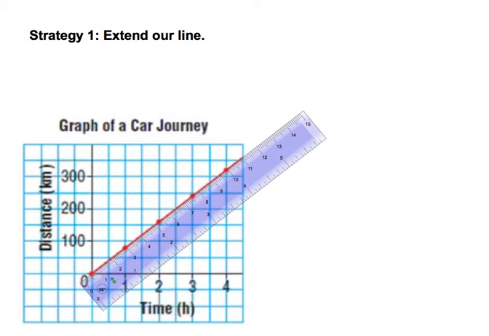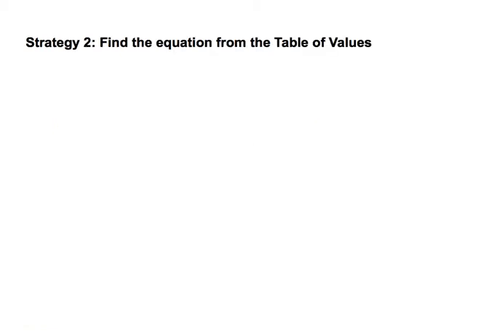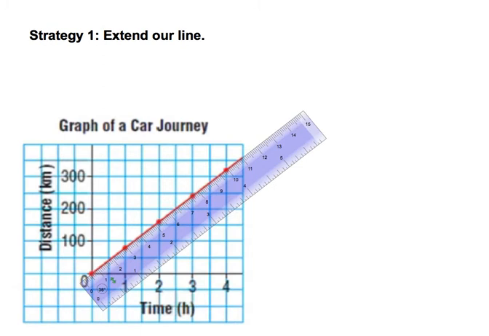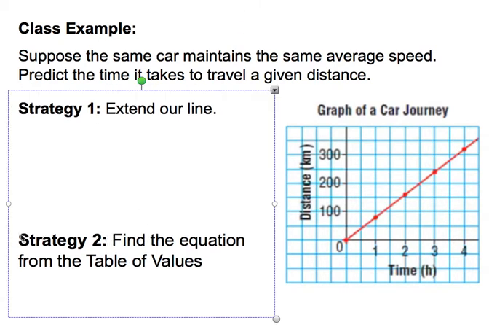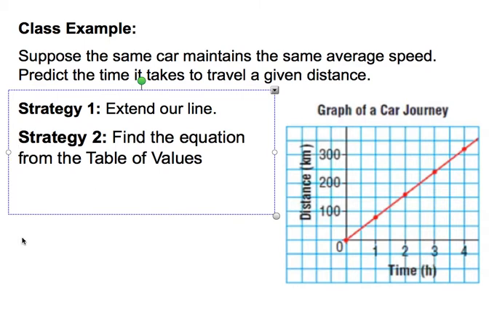I think that is rather tedious and not the most efficient method. So what I'm going to do is find the equation of the line from the table of values. Let me just move this up so I have some more room.